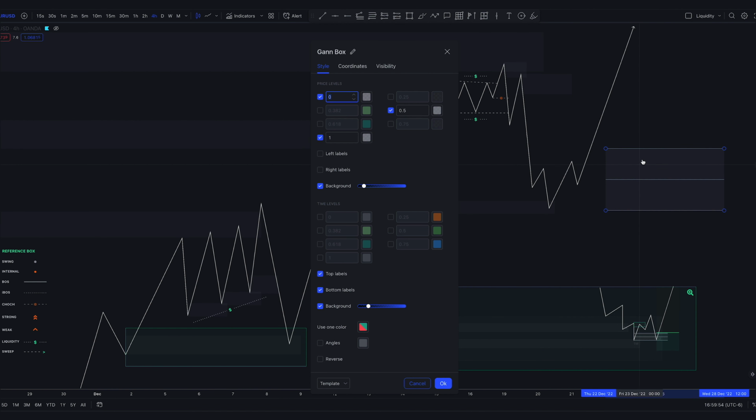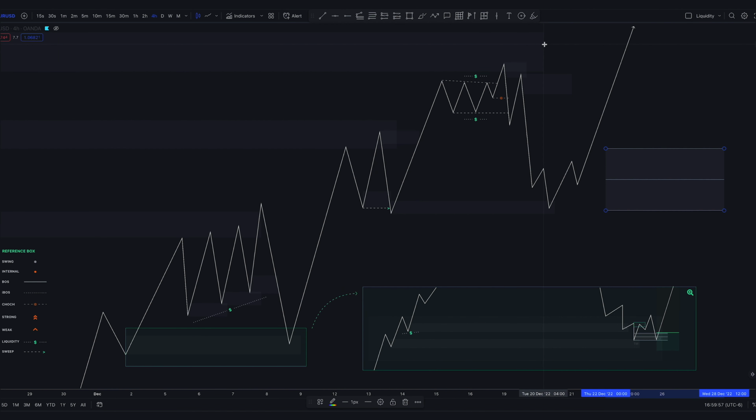Okay, so if you guys want to grab the settings, it's pretty much just how you want to enter your trades. Let's say you don't really need that, but it's just good to see if you can get a better price. If you want more profit, you would enter down here, because this would be the extreme of the supply candle, or you want to take the longs from the 50% of the candle, or enter on the edge, which most of the times will get you triggered more often.